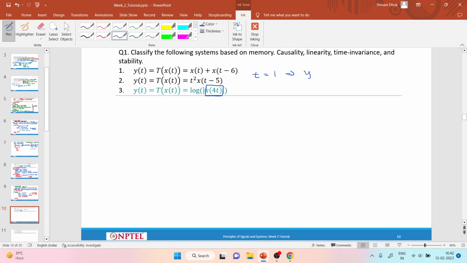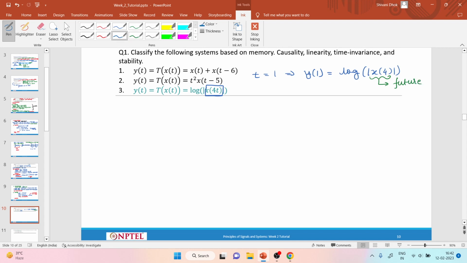This means that my y of 1 will be equal to log of mod of x of 4t, or let's say x of 4, and t is taking value as 1, so it will be x of 4. So this is future dependency.